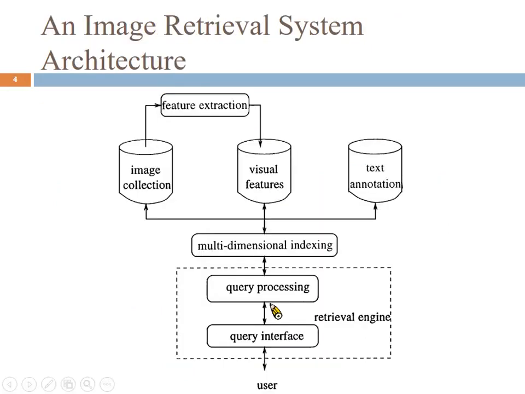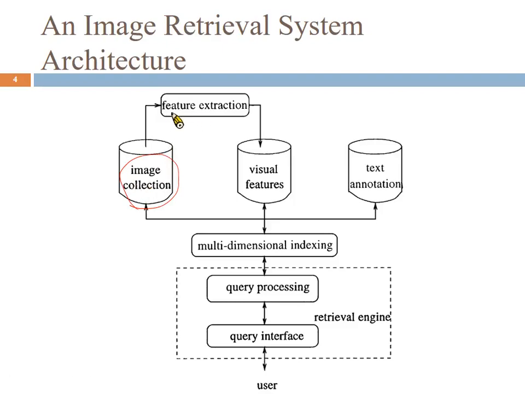And here is a general architecture for an image retrieval system. So given an image collection, we may need to extract features from the images. Because if we represent images pixel by pixel, that would cost a lot.